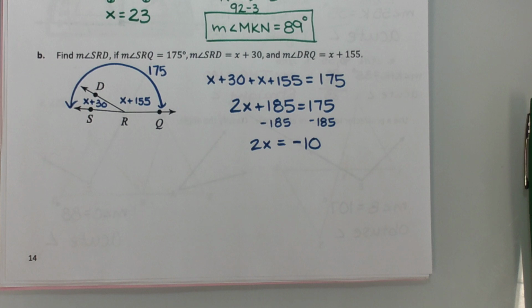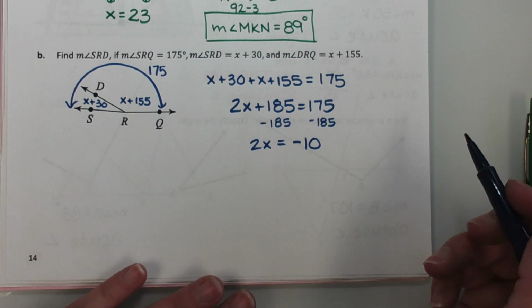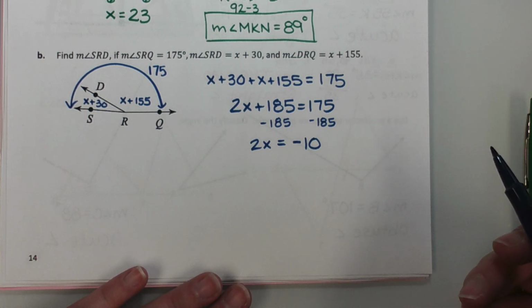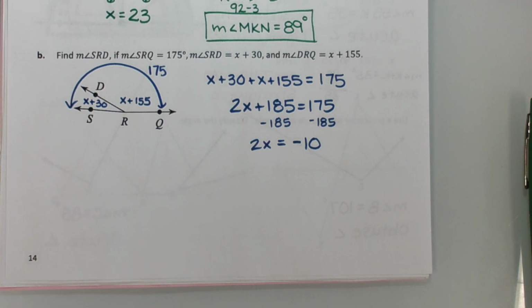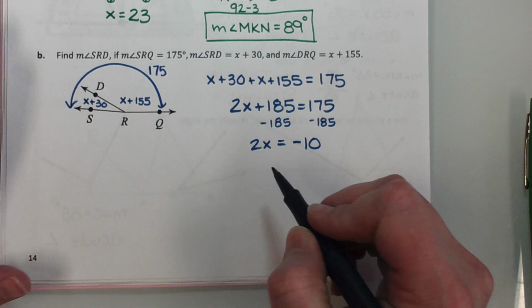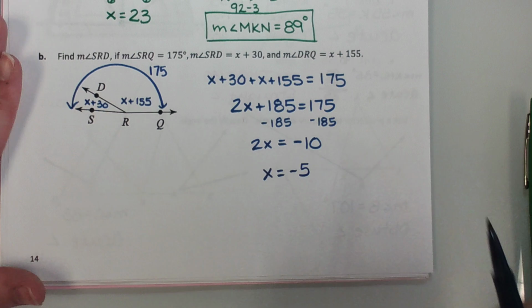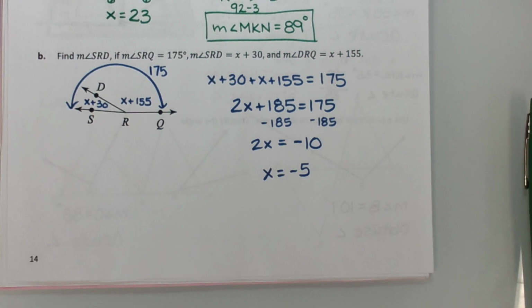Naomi, to finish solving, what do I do? Divide both sides by 2. X is? Negative 5. Am I done solving? No. I need to plug it back in. Kai, which one am I plugging it back into?